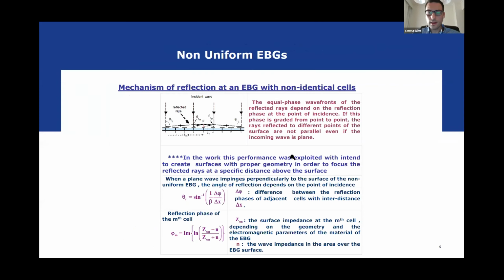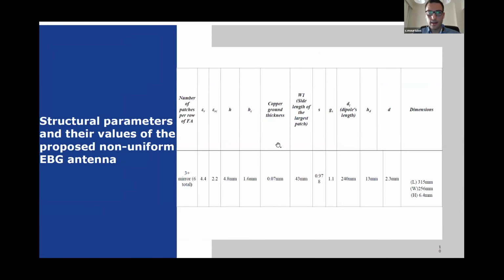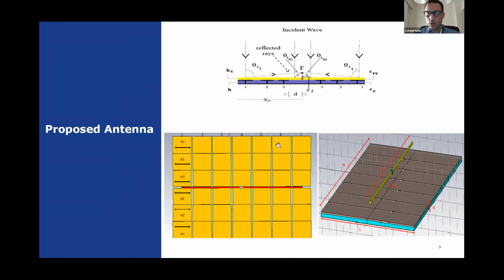No, it is defined by the whole structure. All this as a whole, all these patches and all these parametric values actually make this structure to resonate at 868 megahertz.